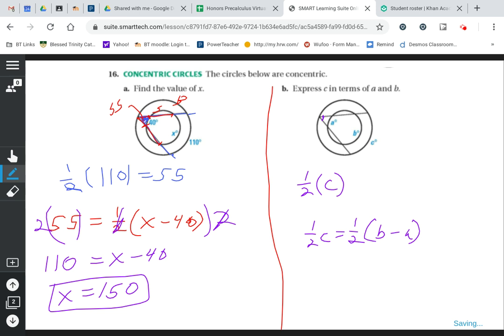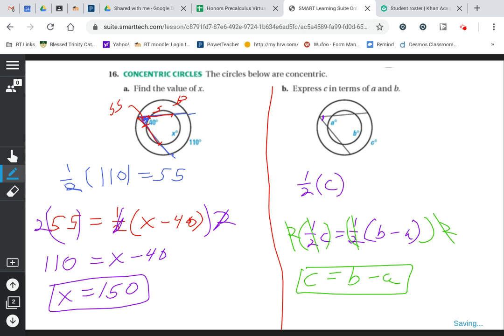And since we're just solving for c here, all I'm going to do is multiply everything by 2 just to solve for c. So c equals b minus a. And the reason that works is because the 2 on each side times 1/2 basically cancel out. So c equals b minus a. So there is my answer.